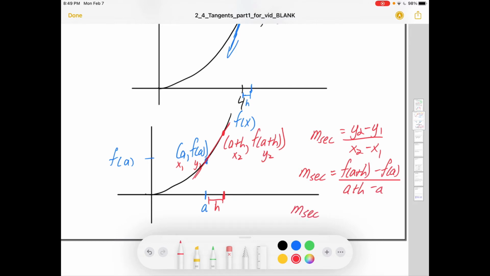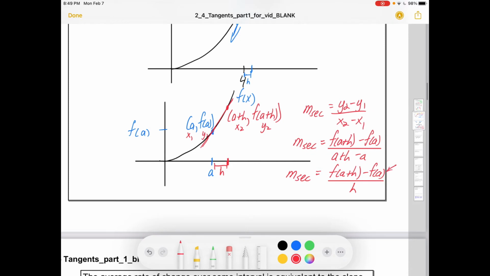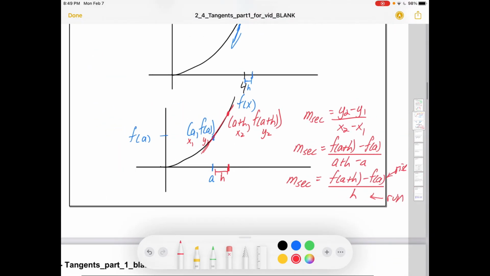Or in other words, the slope of the secant between any two points is given by this. That's still just rise over run. This is rise, the difference in y's, and the run is just, you can see it right there, it's that h. Right now, that's still just a secant slope.